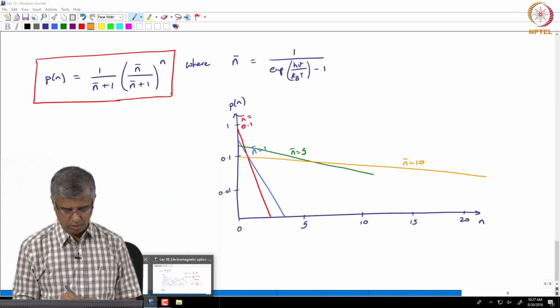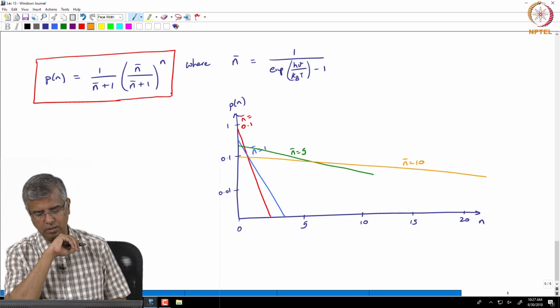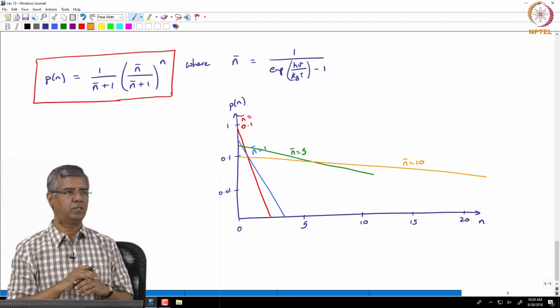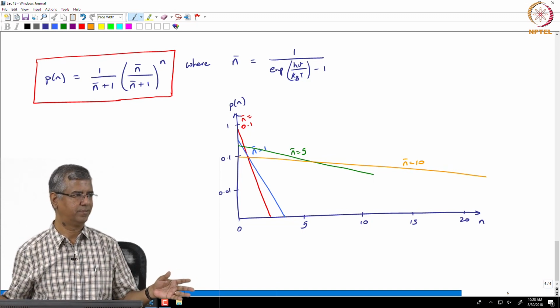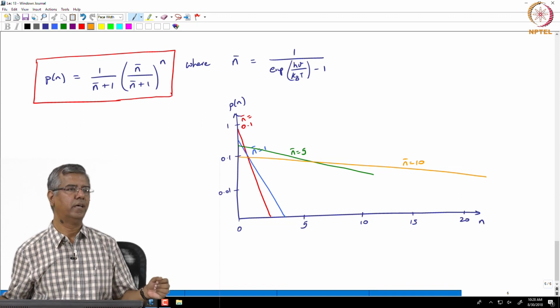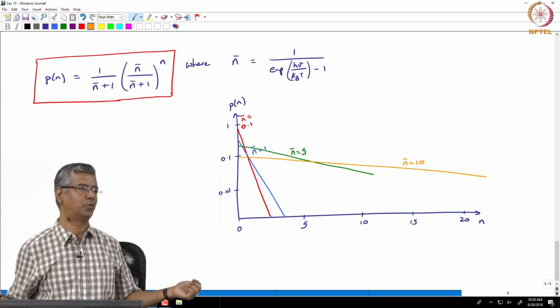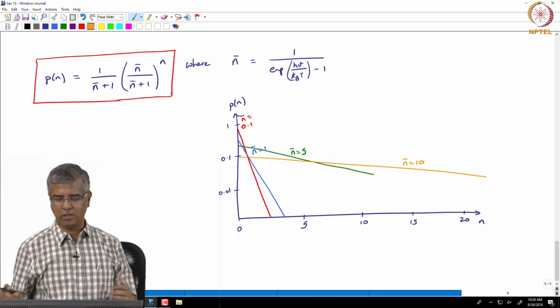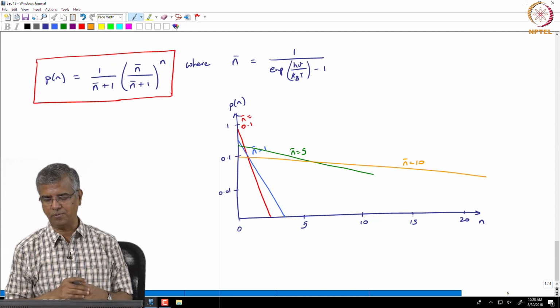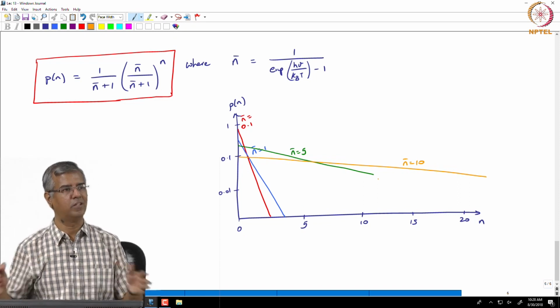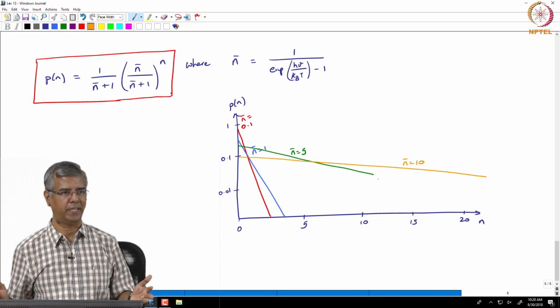But now look at this picture. What can we say about this picture? The distribution is much flatter, okay. Which source would be more random here? This source is much more random than the other source. Because statistically, if you consider n bar equal to 10, there it goes to a maximum and falls off on either side of n equal to 10, right.